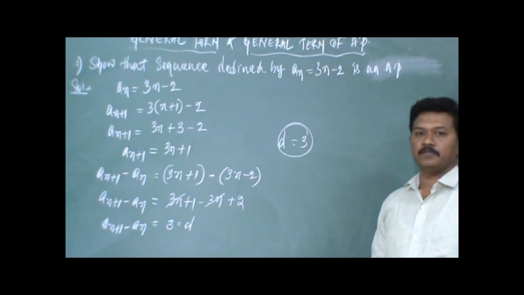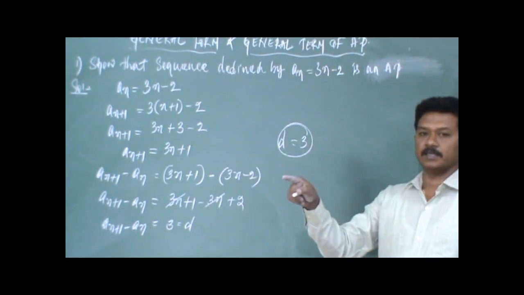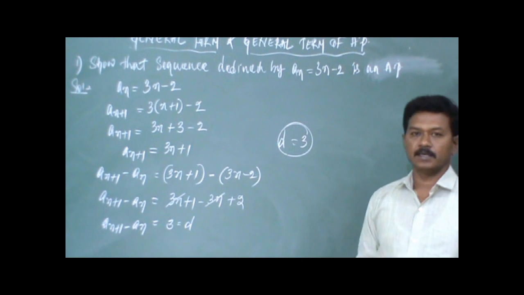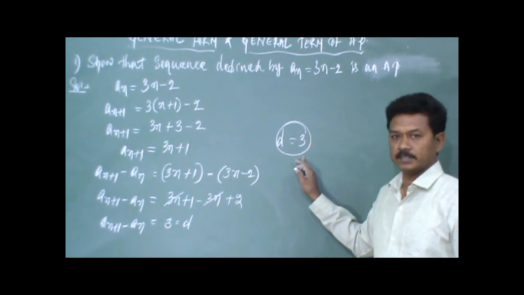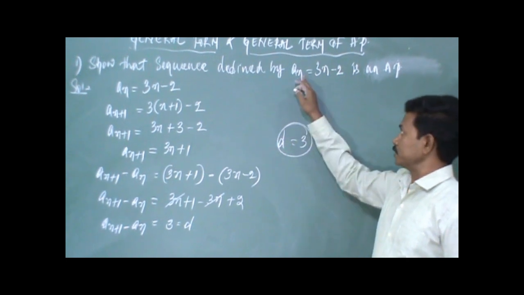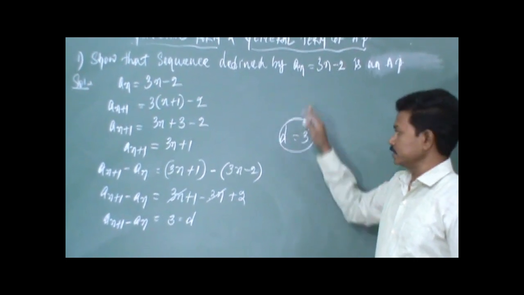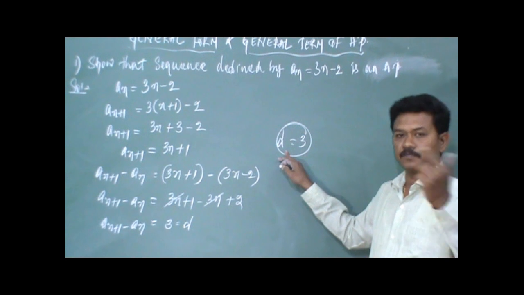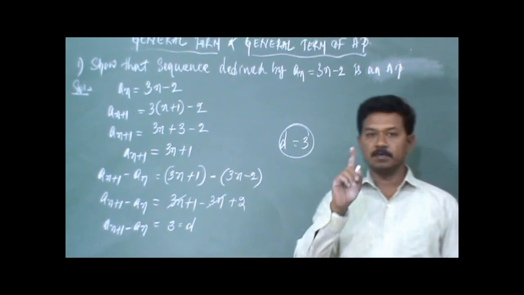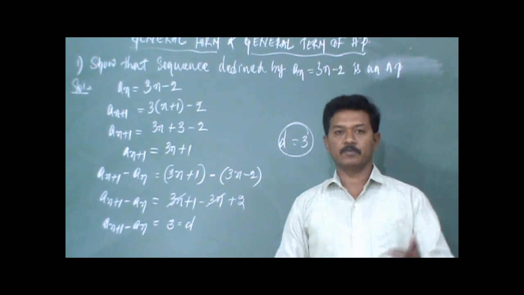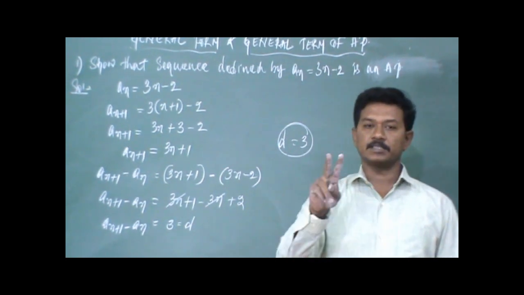In the last problem we had d equal to something which had n inside it. But here d is equal to 3, which is a constant. So if the nth term of a sequence has d independent of n, then the sequence becomes an AP. So I am going to conclude with two very important statements.